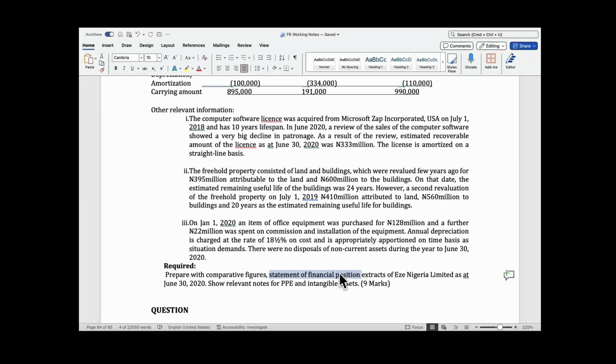And they want you to put comparative figures. Meaning, as you are putting the figures for June 30th, 2020, you must also put for the previous year, that is June 30th, 2019. That's comparative figures.